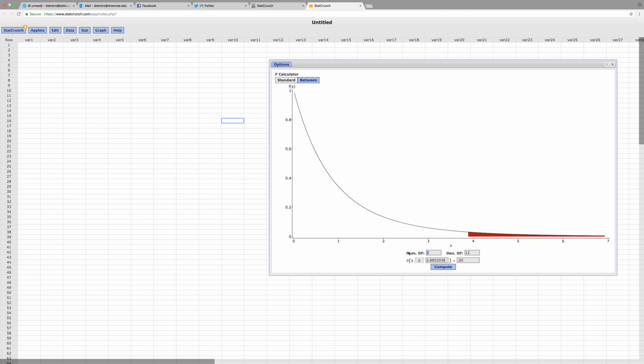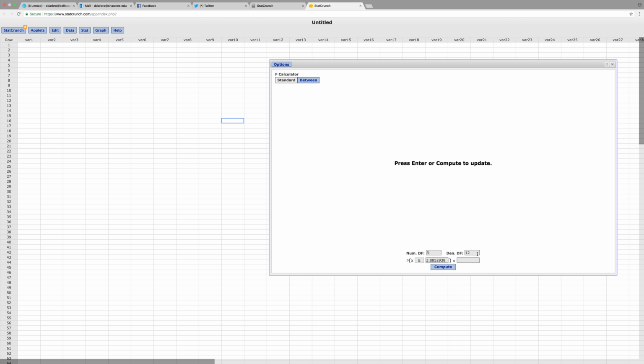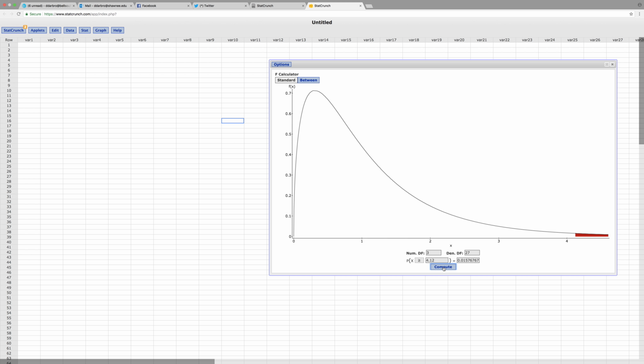We have degrees of freedom 3, 27, and we want the value to the right of 4.12. So our area to the right is our p-value. Writing this down so it'll be available when we get over there: 0.016.